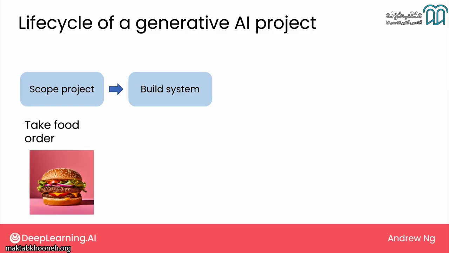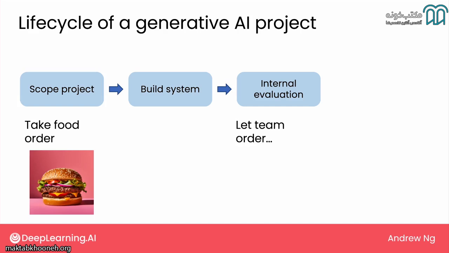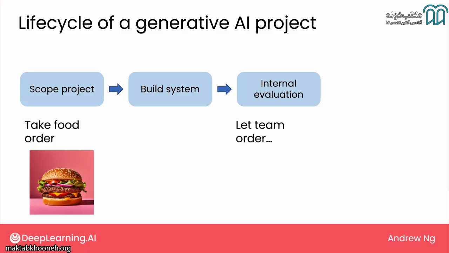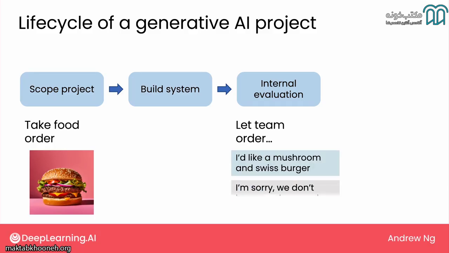Then, because we don't know how well this is doing, internally you might let your internal team try it out and place different orders and see how well it does. And sometimes they'll generate good responses, like, do you have pickles on a cheeseburger? And they'll ask if you want some. And sometimes it will give an unexpected poor response, such as if you do have mushrooms on your burgers, but for some reason, the chatbot says, "I'm sorry, we don't have mushrooms."